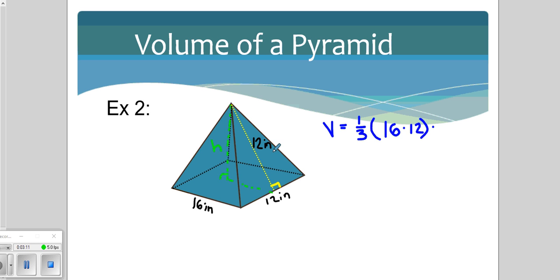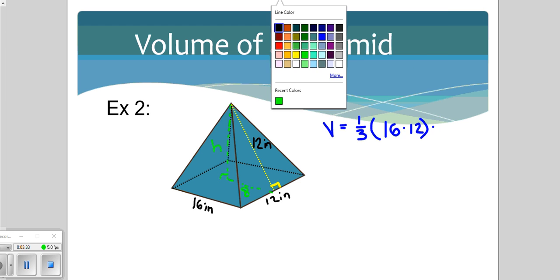And the hypotenuse of that right triangle would be the 12. And h would be one of the other legs. The other leg down here, I also know the value of, because if this entire side is 16, from the center over would be half that, so 8. So we could set up using the Pythagorean Theorem to find that missing side that would function as our height.